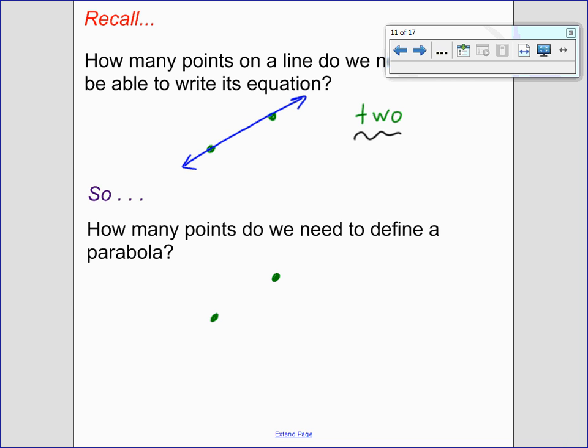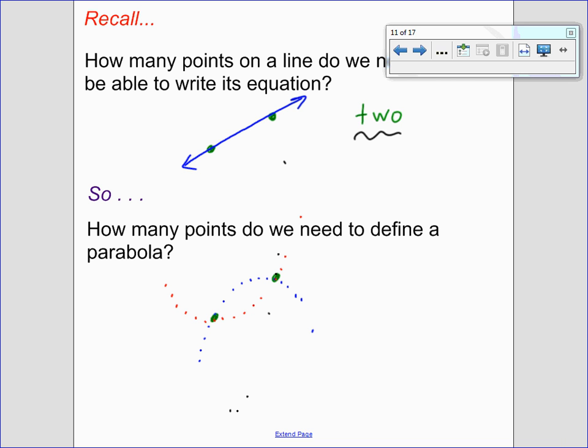Visually, you can probably see that's not enough, because I could draw a parabola like that that goes through those 2 points, but Joe could come up here and draw a parabola like this that goes through those 2 points, and then Hannah could draw a parabola like this. It still goes through those 2 points. You see what I'm saying? So are 2 points sufficient for determining a unique parabola?